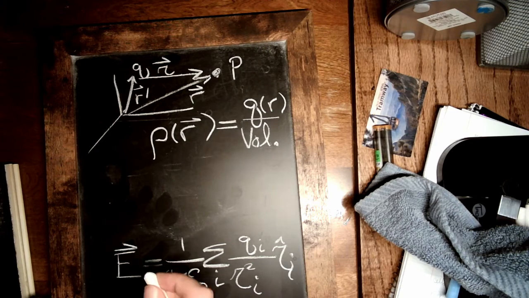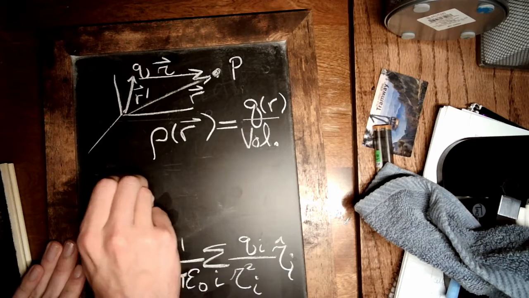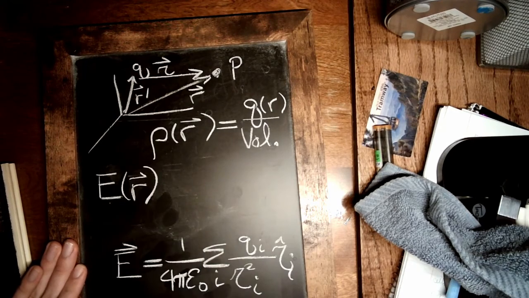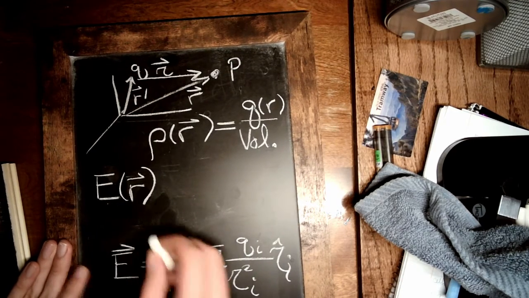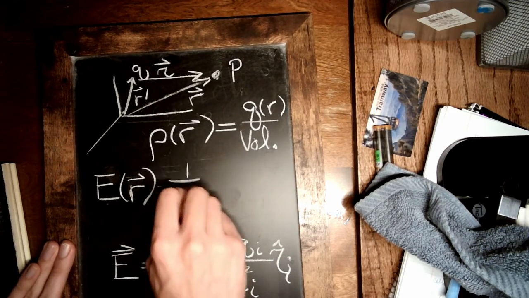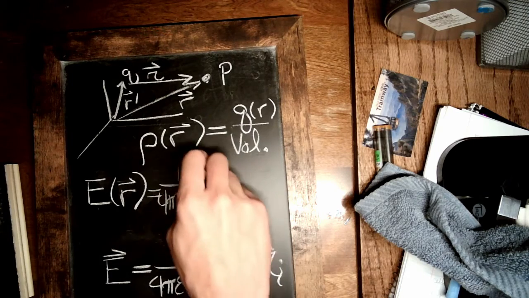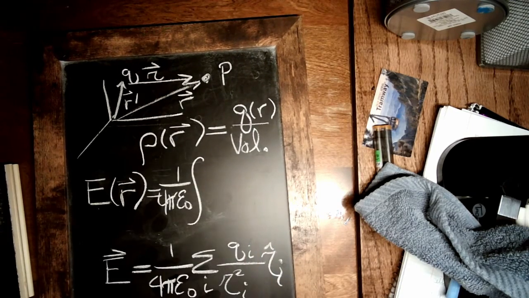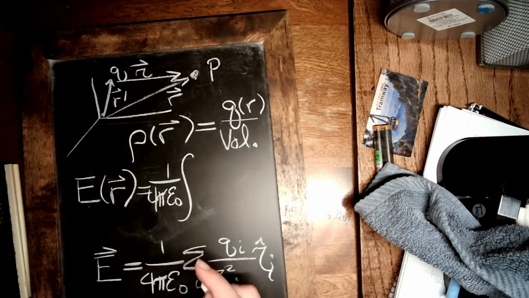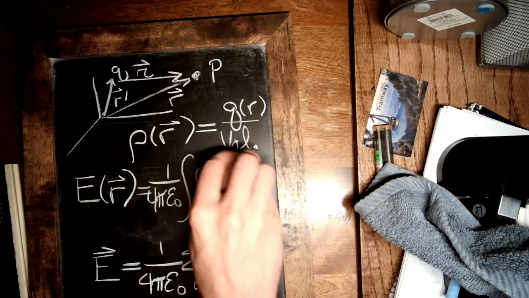Just do a very similar equation, but replace a sum over charge with a sum over volume. But since it is a continuous distribution, we use a fancy sum, a big curly S, just for that.